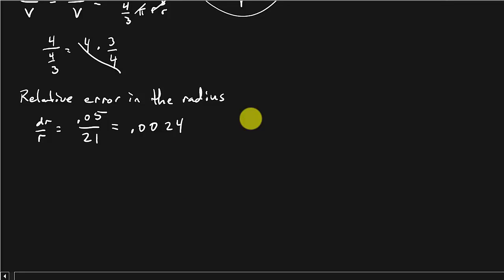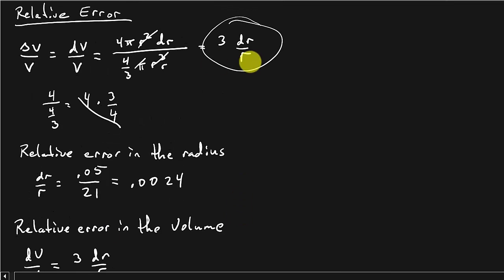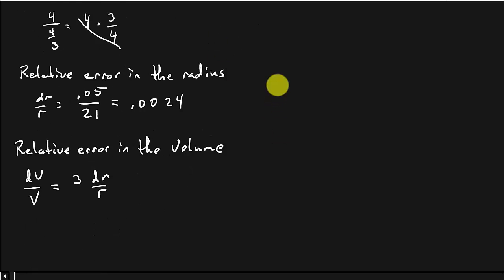And then now let's look at the relative error in the volume. Well, that's dV over V. That's just 3 times this. See, we got it right here, this is the relative error in the volume.